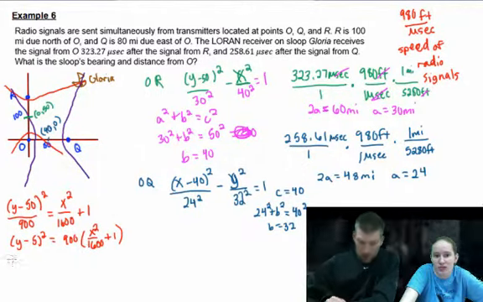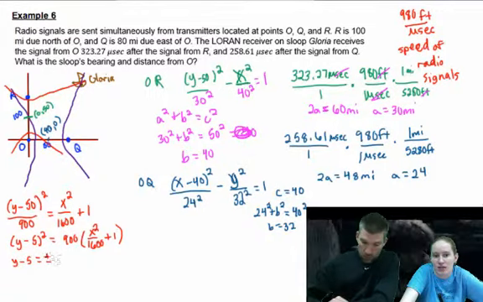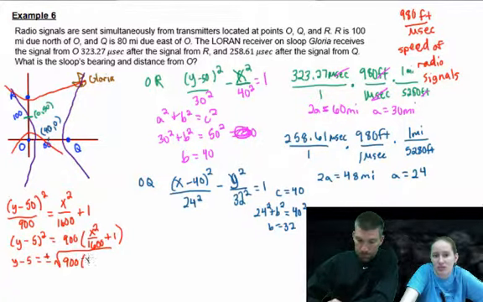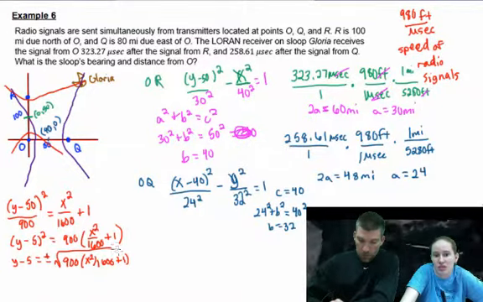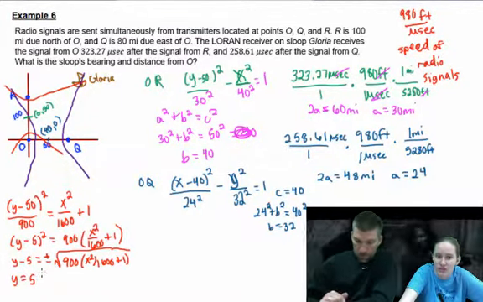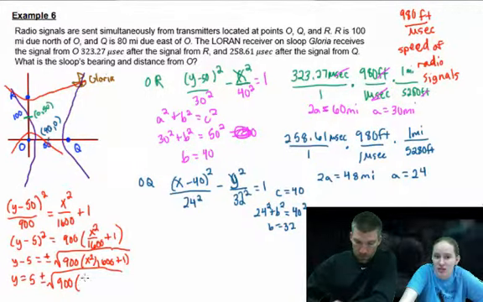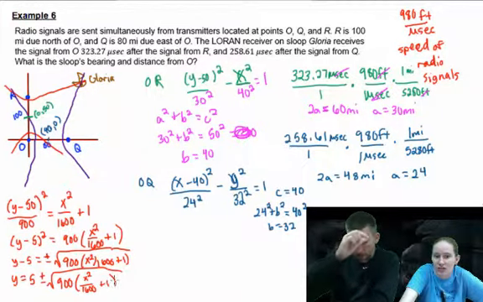And then square root both sides, so y minus 5 equals plus or minus the square root of 900 x squared divided by 1600 plus 1. And then add 5 over. So y equals 5 plus or minus the square root of 900 x squared over 1600 plus 1.